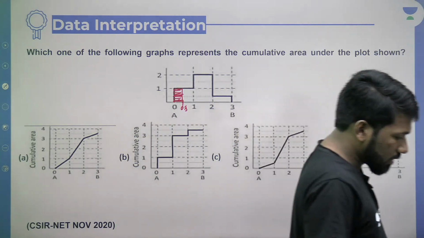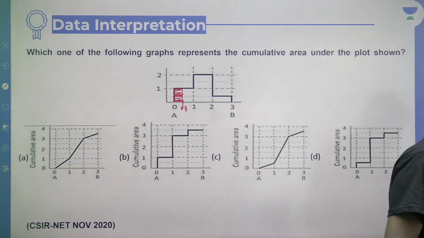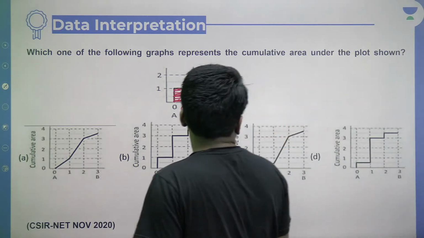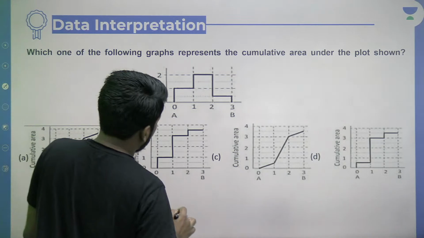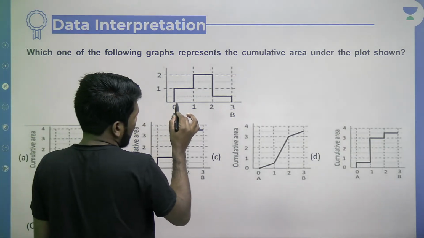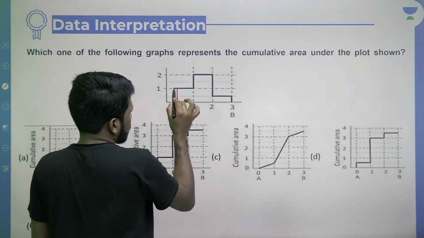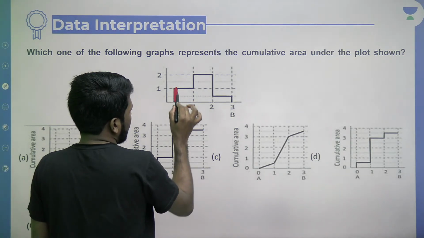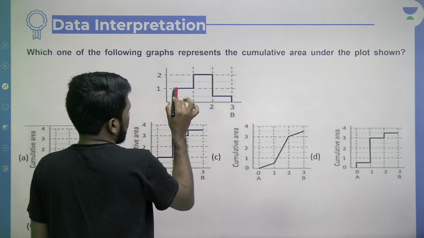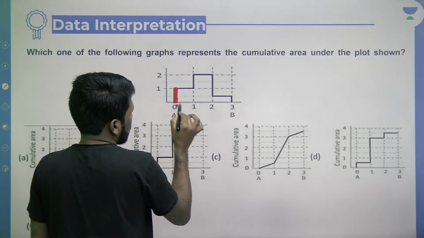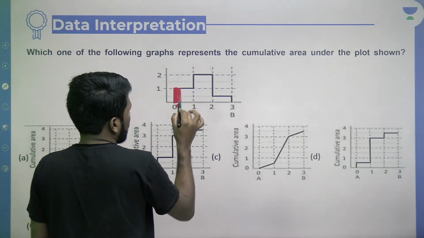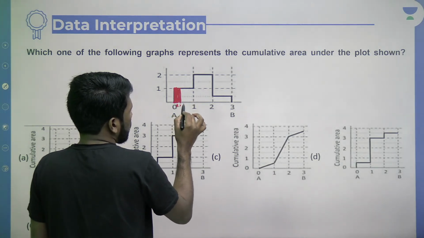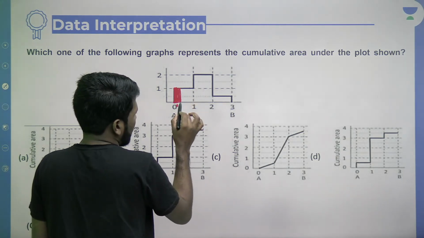Now how you can plot it as a graph, that is a question. Cumulative area under the plot shown. Under the plot shown means, as I told, I will break it down into smaller values. If it was 0.1, then from here to here the cumulative area will be this much. Are you all understanding? If it is 0.2, the cumulative area will be this much. If it is 0.3, no, this is 0.4.